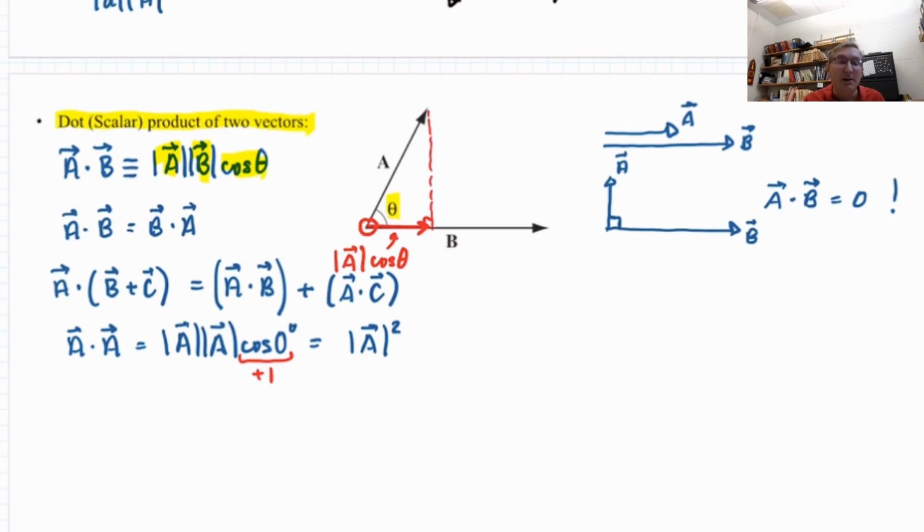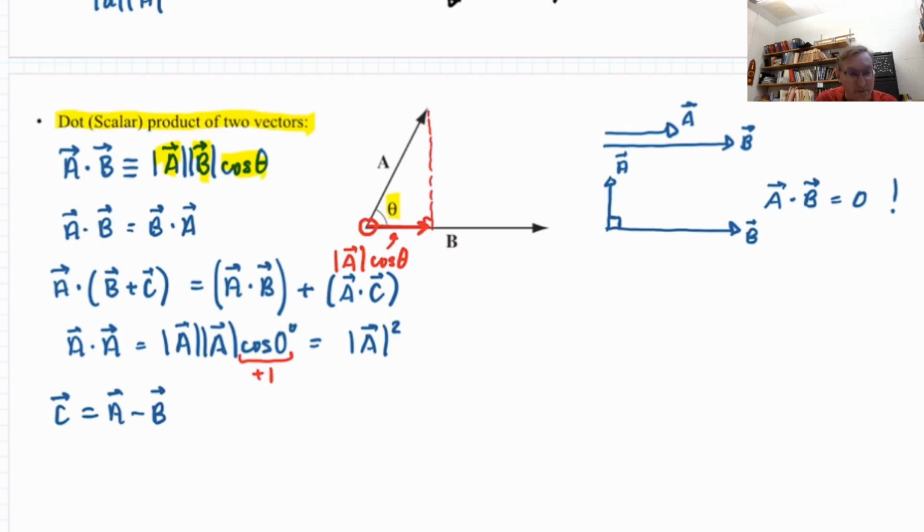All right, let me show you one little cute trick, and then we're going to talk about the vector product. Let's take the vector A and the vector B, just like we've been doing, and let's also construct a third vector, C, where C is A minus B, okay?